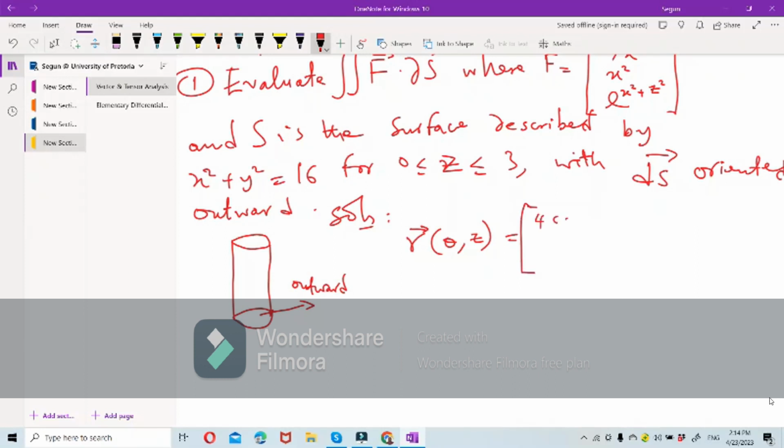If I say 4 cos theta, 4 sin theta, and z, do you agree?